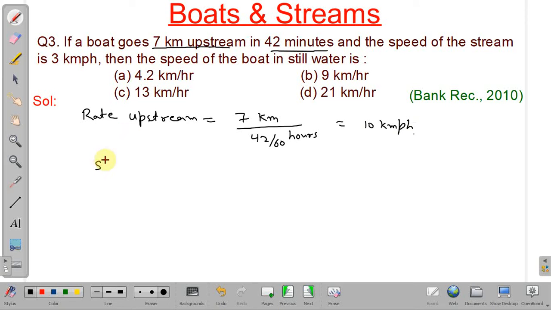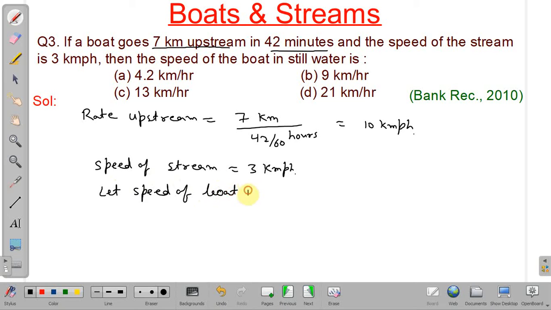Now speed of stream is given. Speed of stream is equal to 3 kilometer per hour. Okay, we will assume speed of boat in still water. Let speed of boat in still water be x kilometer per hour.